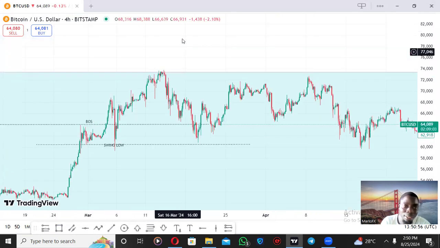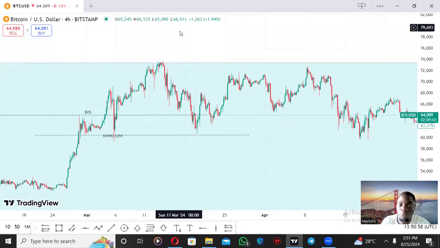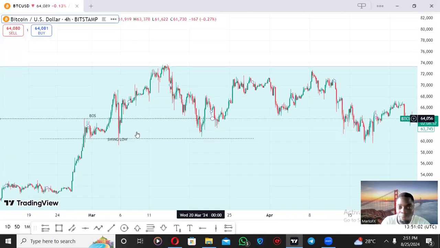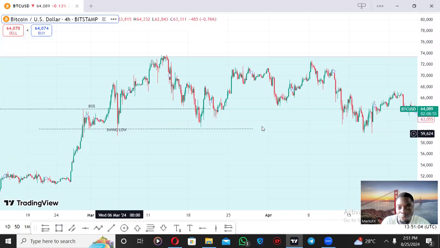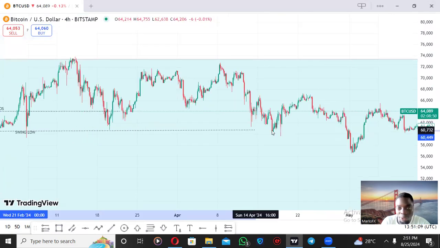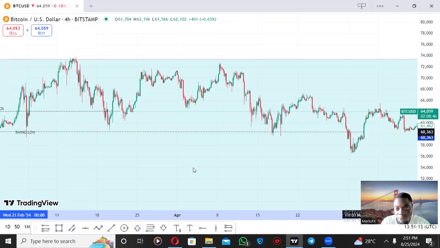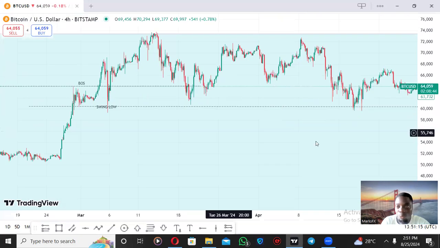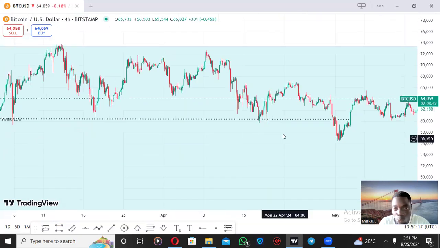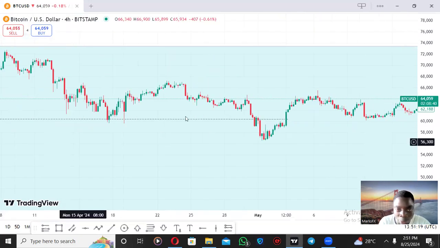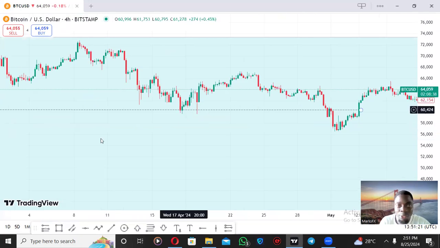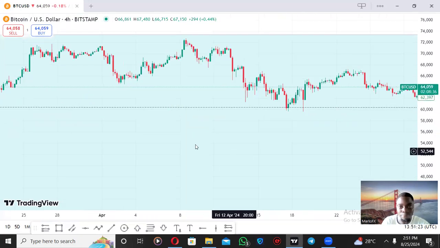Now, basically, if we see break of structure, you can see that price pushed up. Price came down and failed to close below this swing low. So from here, you can see that price took out this guy. Because price has closed with the body of the candle here and here, we are now bearish.